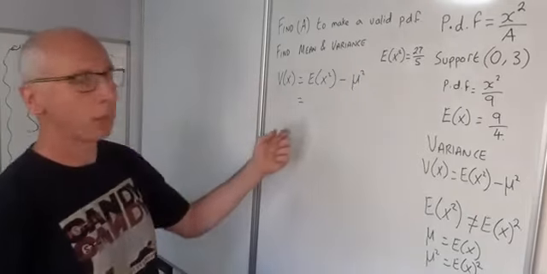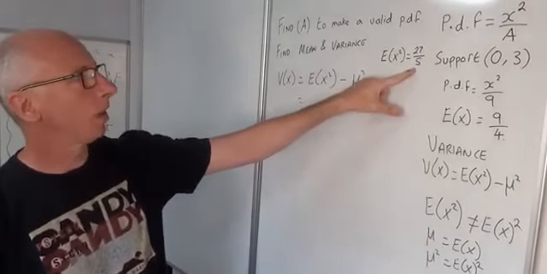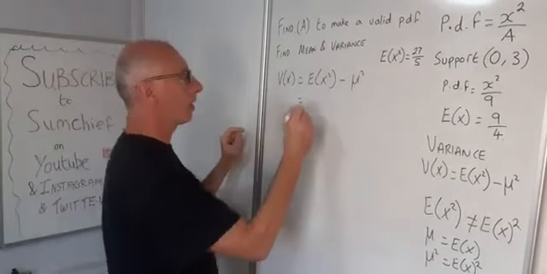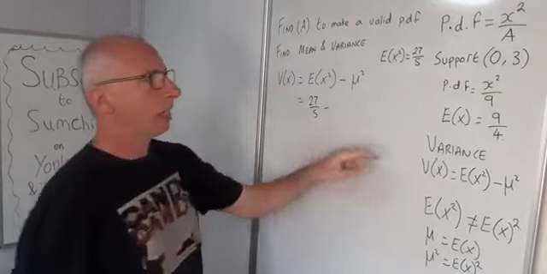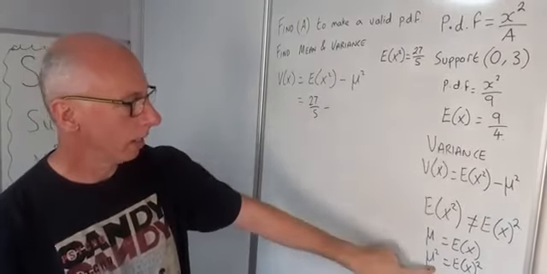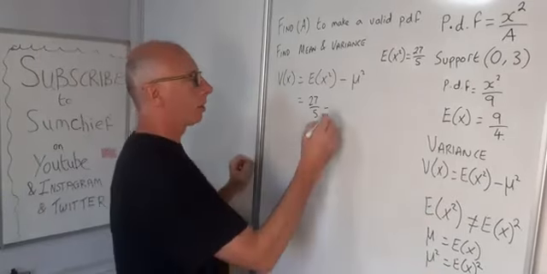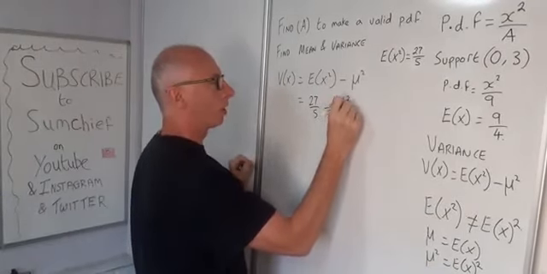Now we've got these numbers already calculated previously. 27 over 5 is the second moment, E of x squared. And then the mean is 9 over 4, which we then need to square. So 9 over 4 squared.